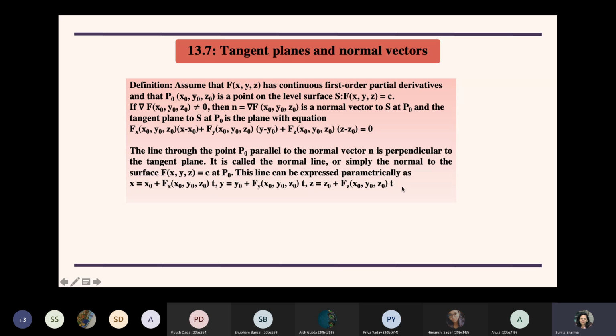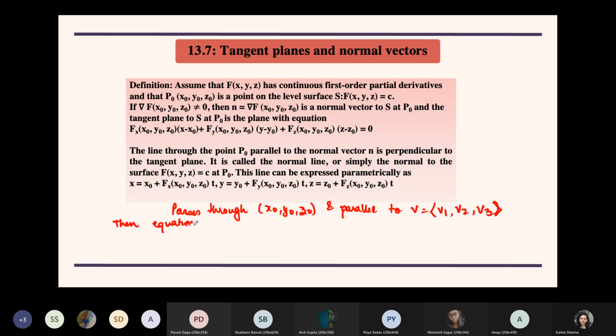If you recall the equation of the line, whenever we have a line which passes through a given point x naught, y naught, z naught, and is parallel to a vector v which has components v1, v2, v3, then the parametric equation of the line is x is x naught plus t v1, y is y naught plus t v2, and z is z naught plus t v3, where t is any real number.